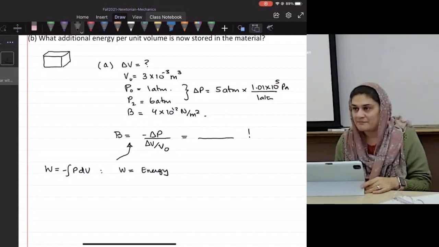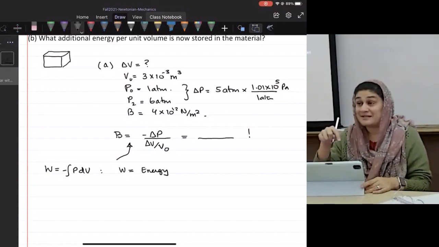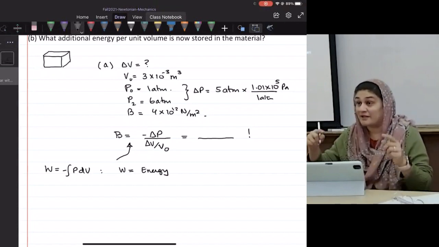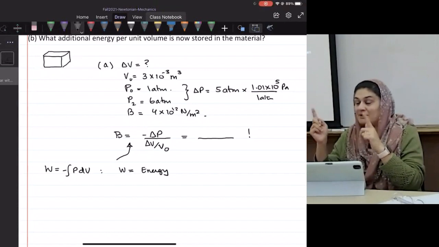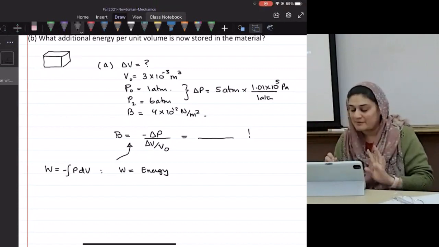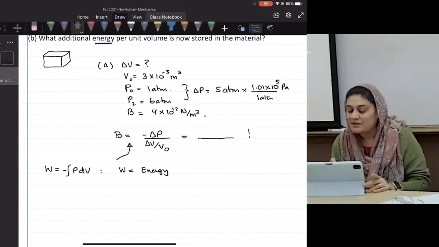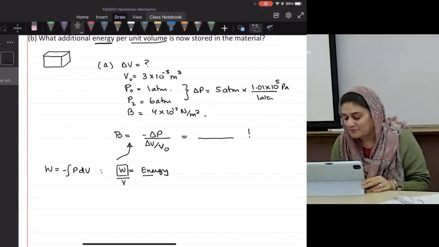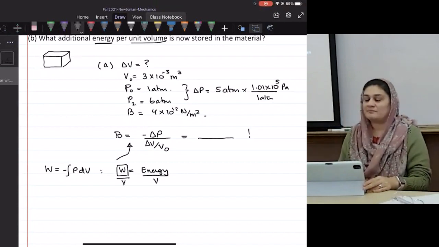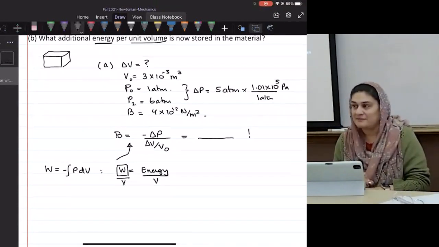Do we also know that? If it's plus, it's kinetic. If it's minus, it's potential, right? Work kinetic energy theorem or work potential energy theorem, plus and minuses. Okay, so remember that. What is it asking? Energy per unit volume. So we have to just find work and then divide it by volume to give us energy per volume. Work is PdV.